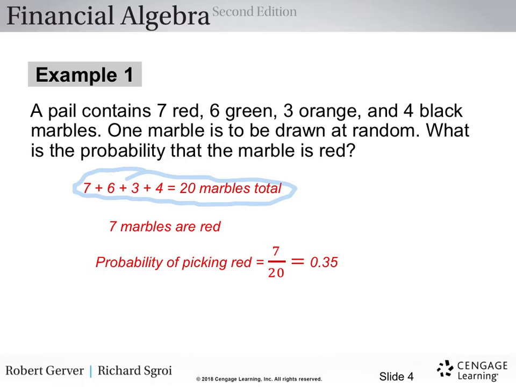In other words, we've got 20 marbles in the pail. 7 of these are red. So the total is 20, and 7 of them are red. So if I reach in and grab one, the probability of picking red is simply 7 over 20, or 0.35, or you could say 35%.